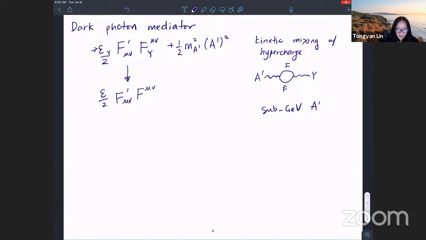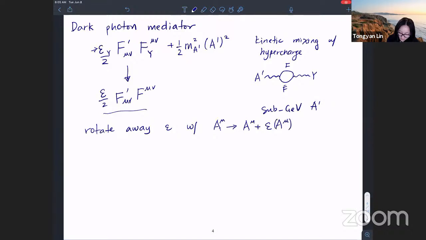And so to treat this, there's two different bases that are often used. One, you can keep this as it is, but I'm going to go to a different basis by rotating away this kinetic mixing. So I can do that by taking the standard model photon to be photon plus a small mixture of this dark photon.